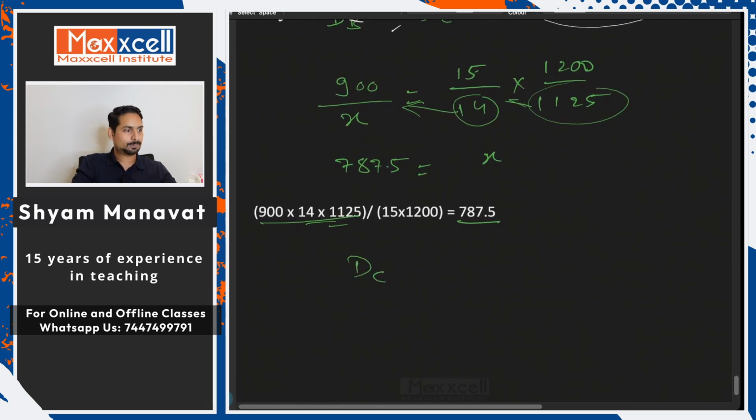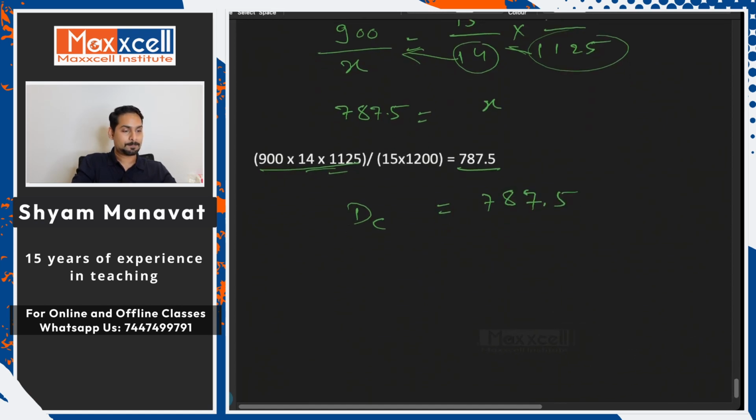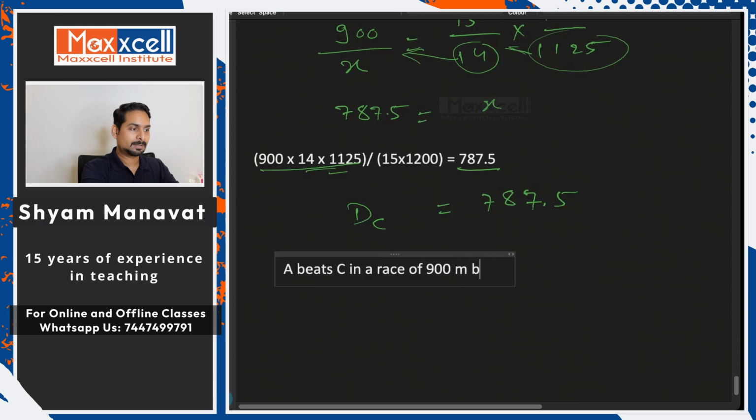Is that the answer? No, that's not the answer. Question said by how much distance A will beat C. So we will say here A beats C in a race of 900 meters by 900 minus 787.5, that is going to get you 112.5 meters, and this will be your answer.